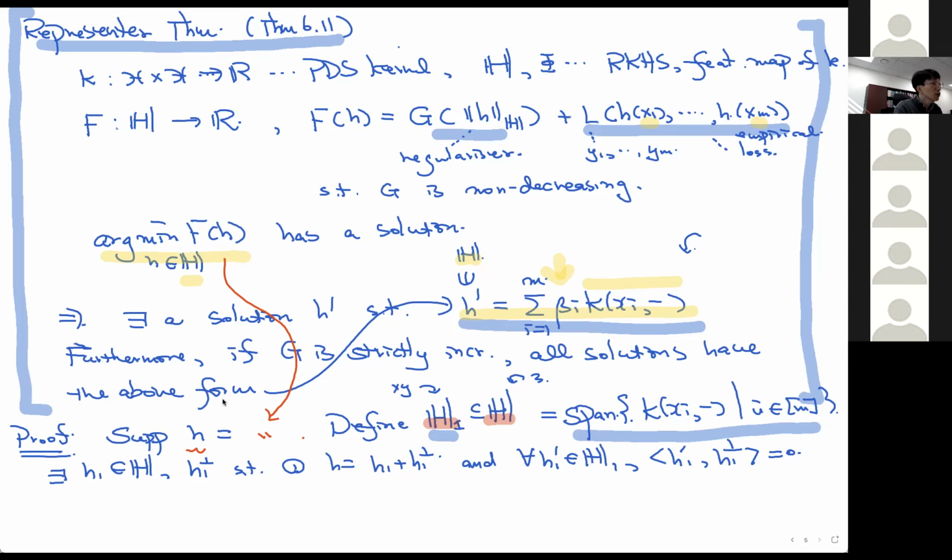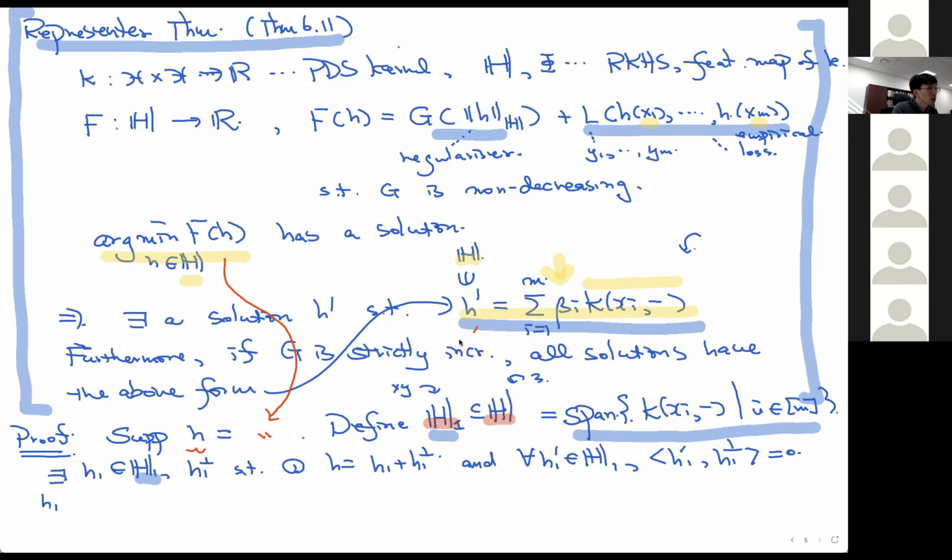So then we claim that this small H1 lives in the subspace H1, and that's a span. So H1 should be of the form that we claim in the theorem.